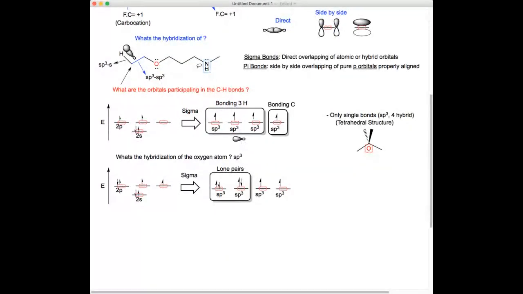All right, so I want to focus now. What about this carbon, guys? What is the hybridization of this carbon atom here? It's sp3 because it only has single bonds, okay? What's the geometry of this carbon? Tetrahedral, okay? So what orbitals are participating in that sigma bond?